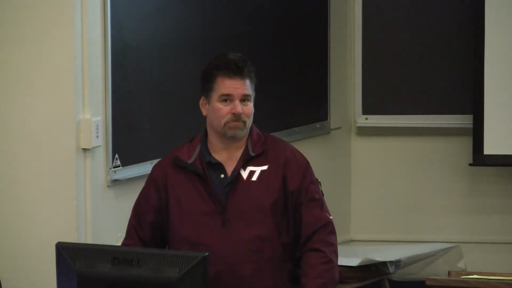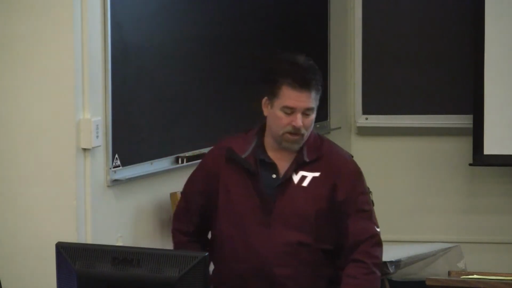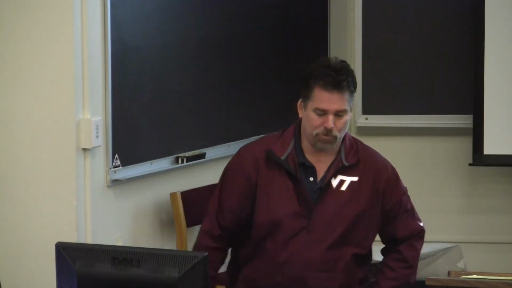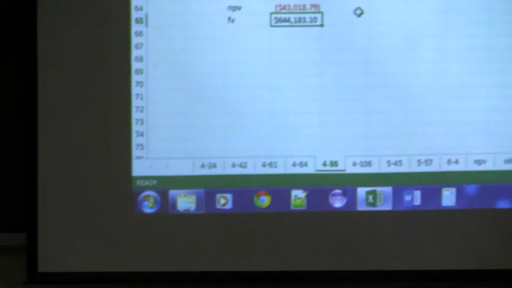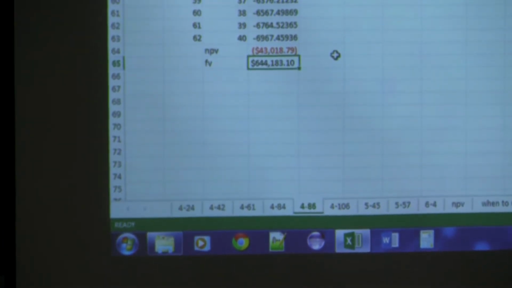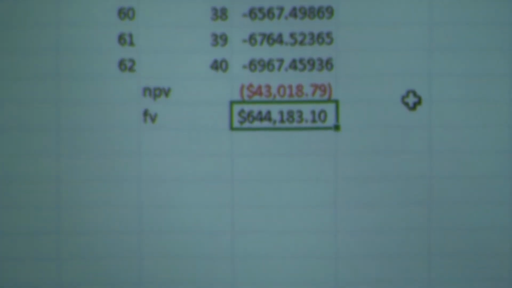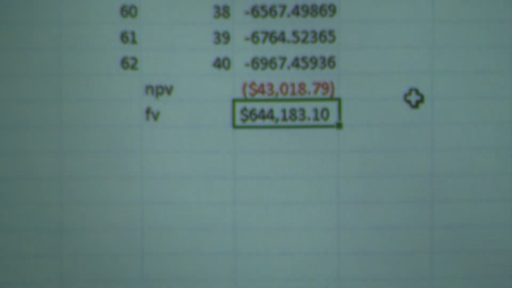Okay? Once I had the net present value, I used my future value formula. 7%, 40 years, using that present value that I just calculated. It was already a negative value, so I didn't have to make it negative.